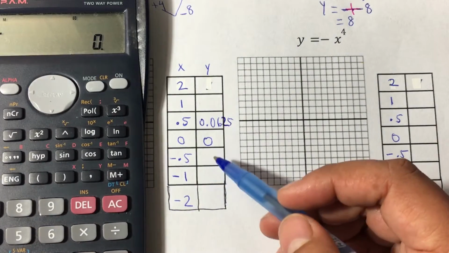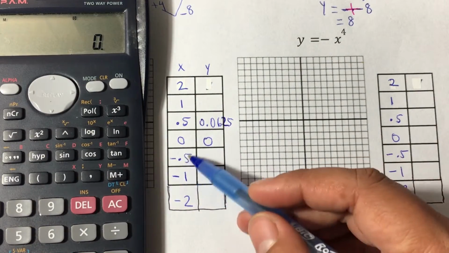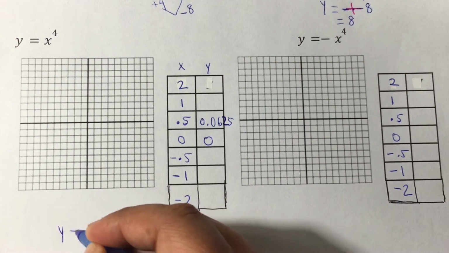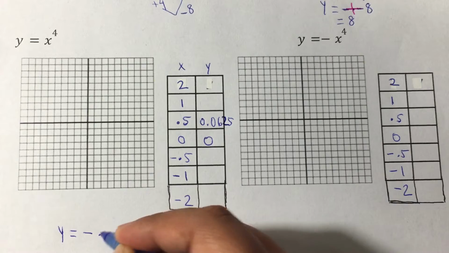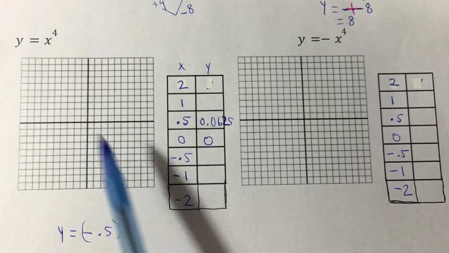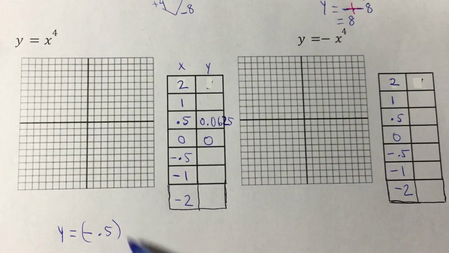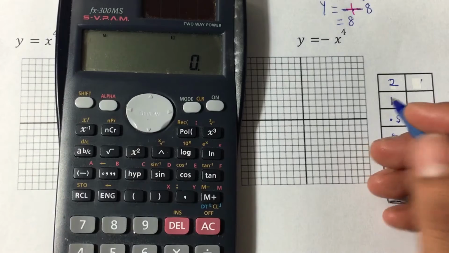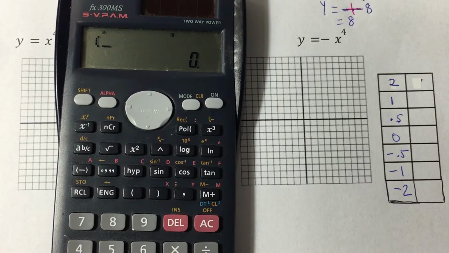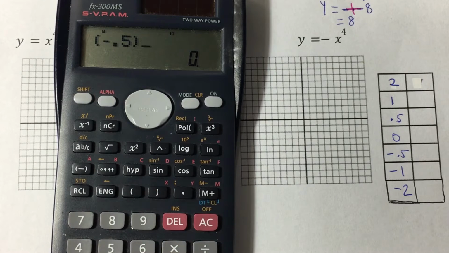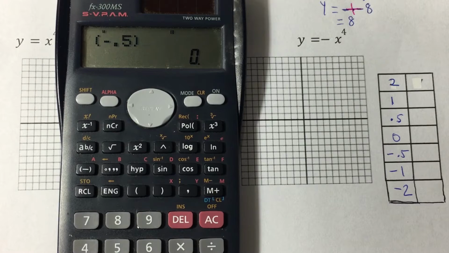Now I'm going to do this one at the bottom. Now remember that we put parentheses when it's negative. We put y equals negative 0.5, because we're substituting the value, including the negative, for x. We put it between parentheses and to the fourth power. So when we're doing this in a calculator, we're going to open a parenthesis, put negative 0.5, close parentheses, because sometimes we don't use those parentheses, and that's when we get a different answer.